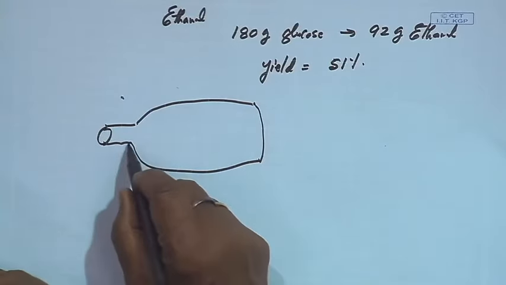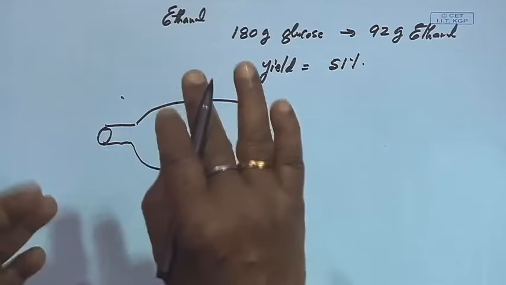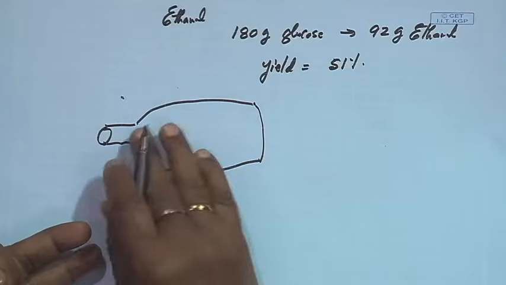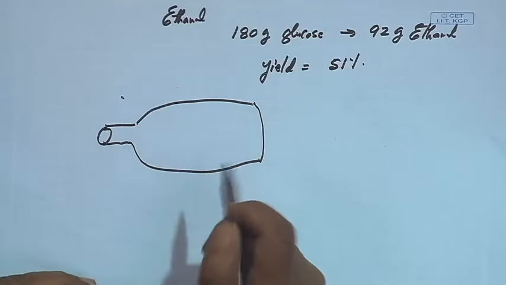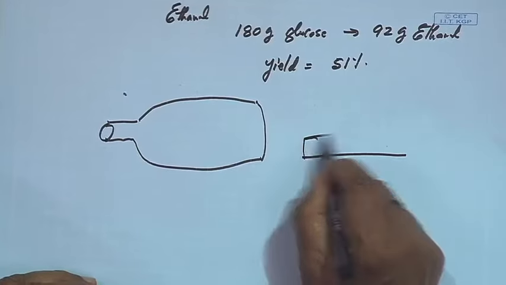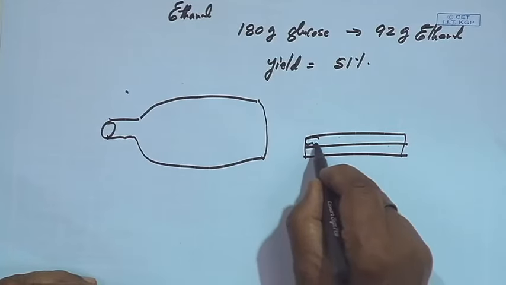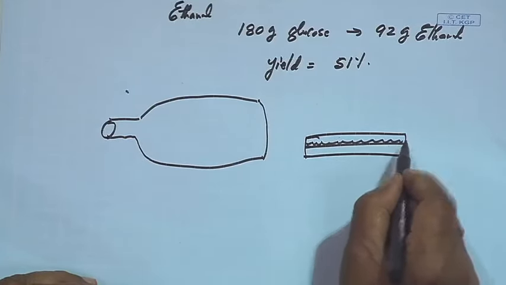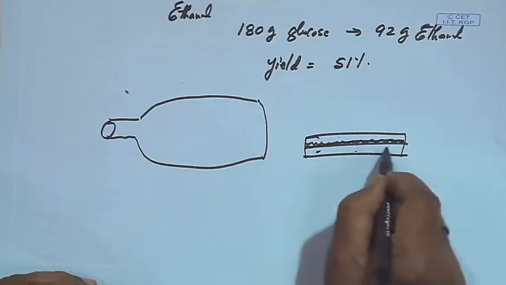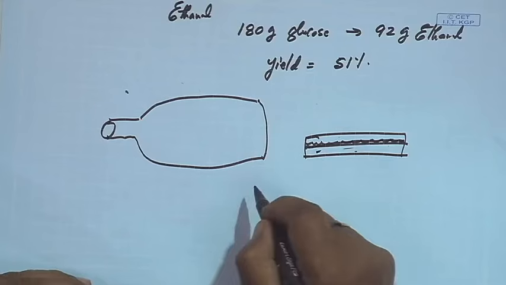Here we put the media, and since the surface is wide, the diffusion of oxygen takes place at the surface of the media, and the organism grows. If you take the side view, it will look like this. The microbial organism will grow on the surface, and in this media you may get the citric acid production.